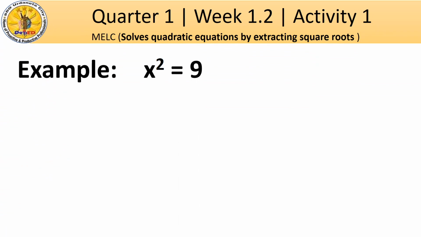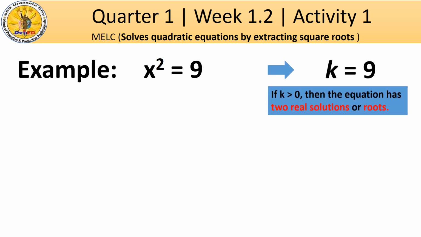Example 1. x squared equal to 9. In this equation, the value of the constant k is 9. And based on the property, if the value of the constant k in the equation is greater than 0, the equation has two real solutions. So we are expecting two values of x in this quadratic equation. Now, applying the square root method, this will become the square root of x squared equal to positive and negative square root of 9.